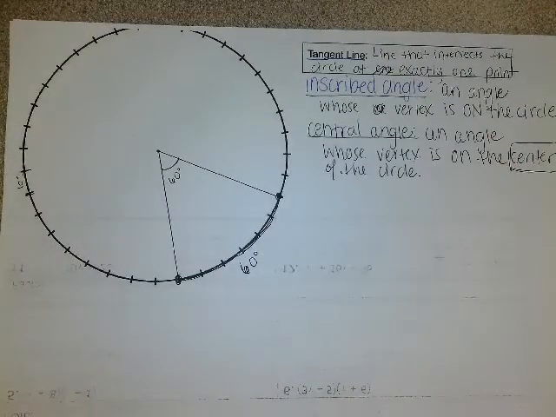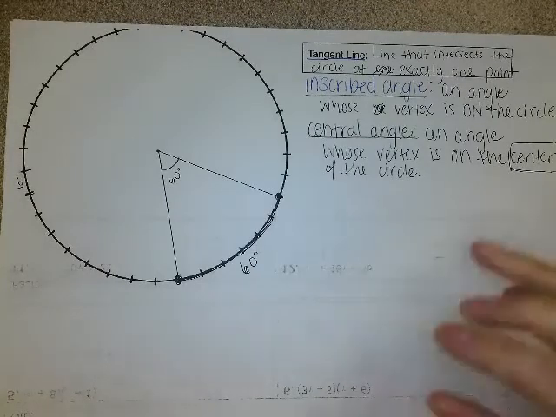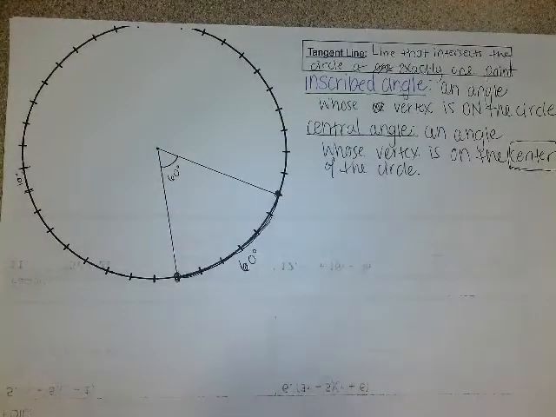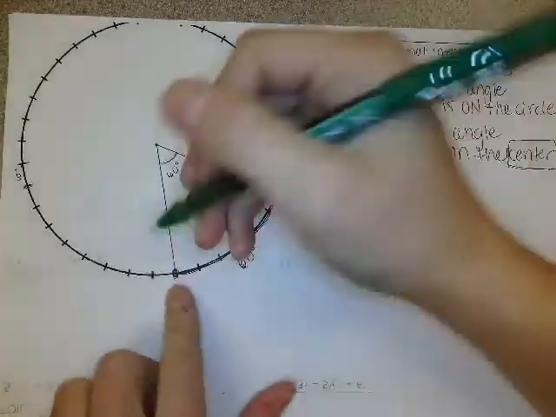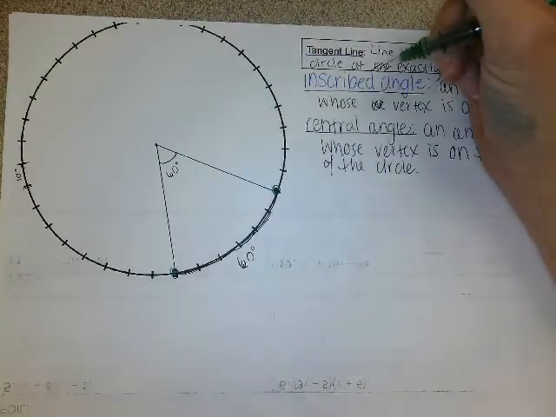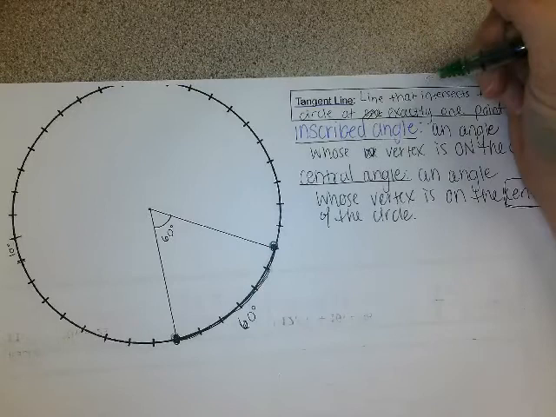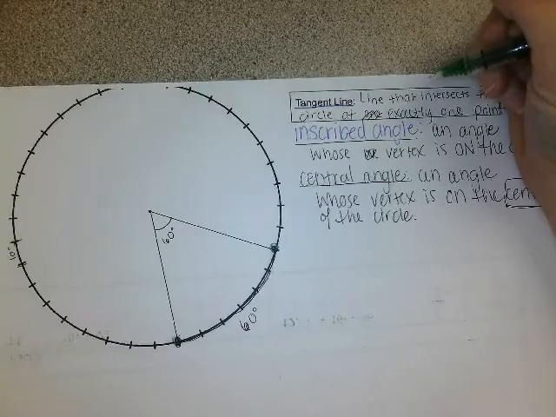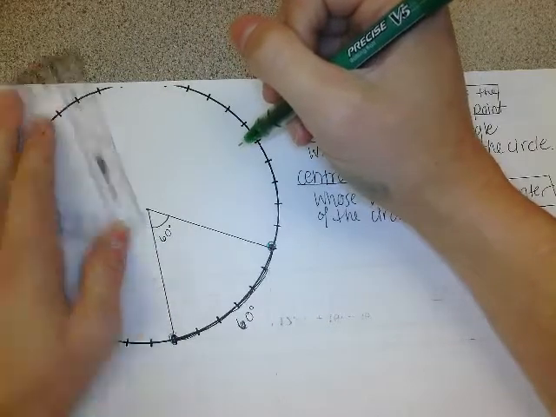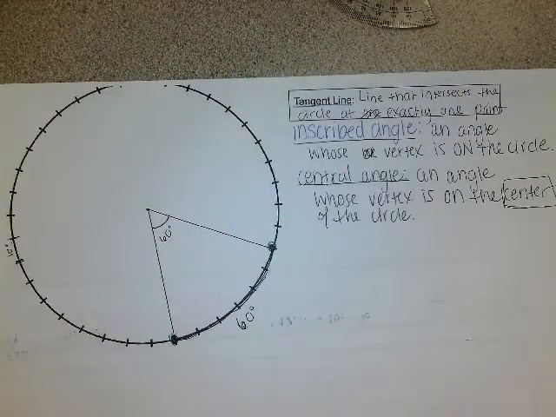Okay? Now what I want you to do, if you have a different color, if you don't, it's okay. I want you to draw an inscribed angle whose endpoints are at the same spot. Okay, so what's an inscribed angle? Where is its vertex? On the circle. Correct. My protractor is not long enough.